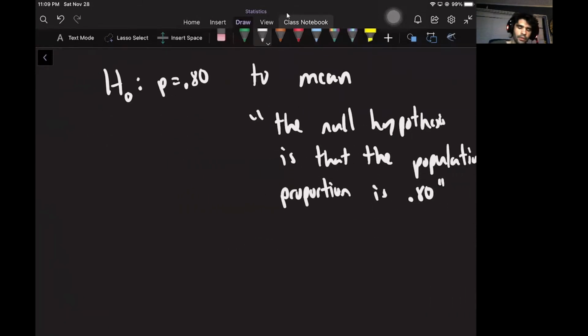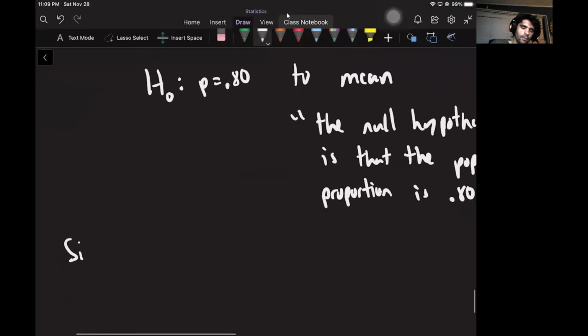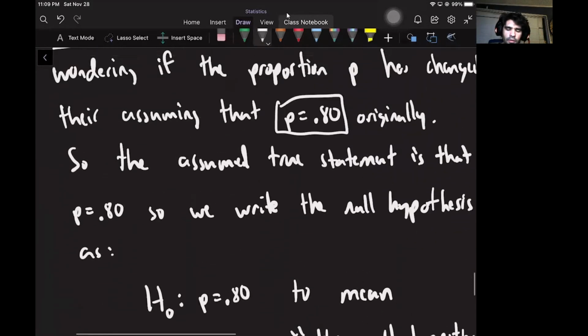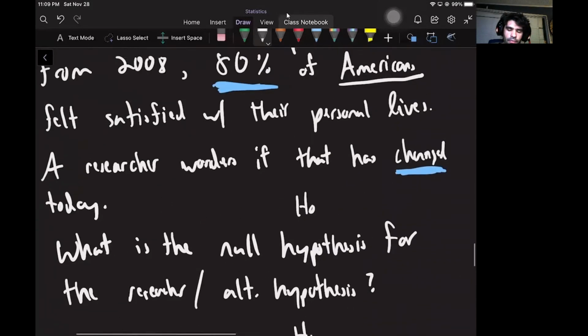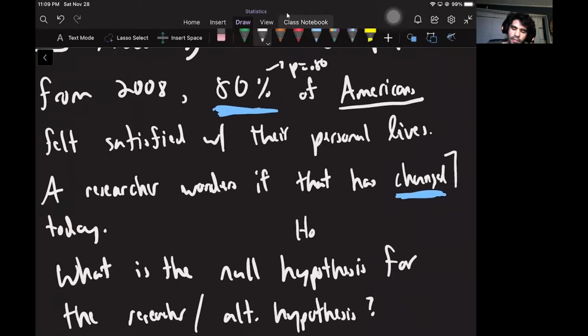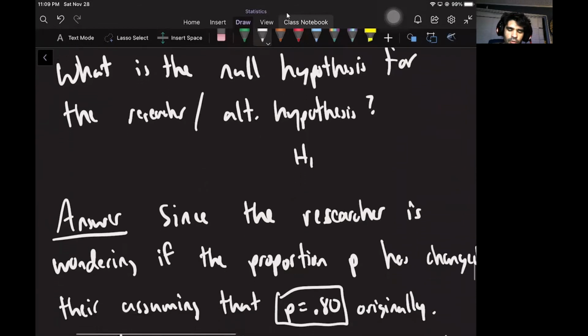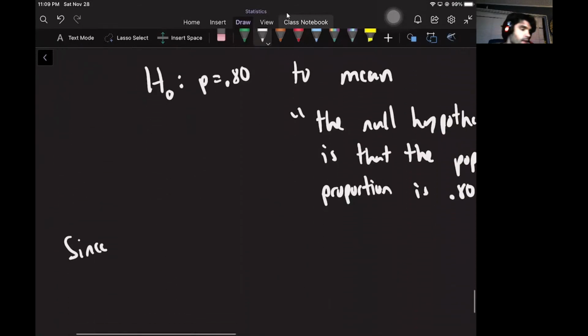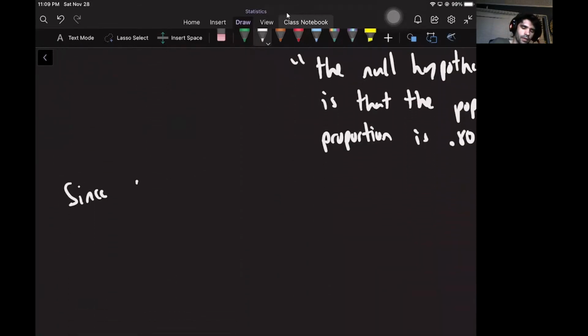So then what's the alternative hypothesis? Well, the alternative hypothesis is just wondering if that proportion has changed. But how do I say changed or different from in a more mathy way? That's what we have to do.